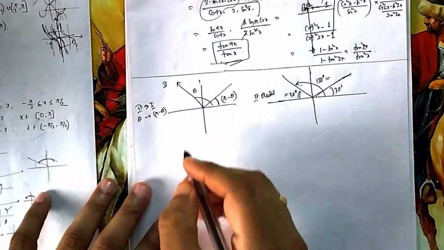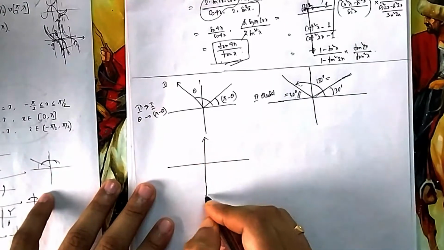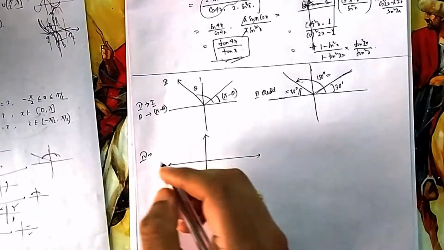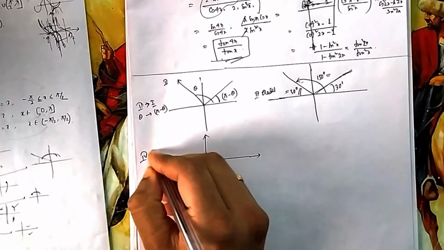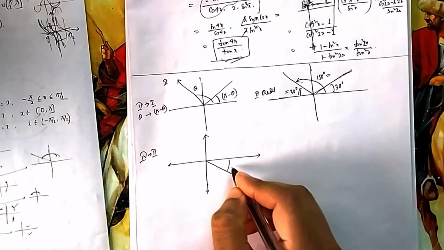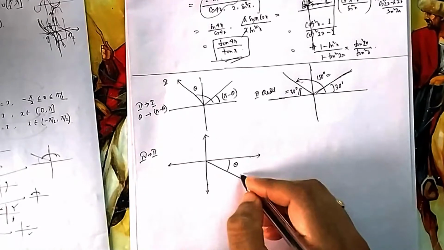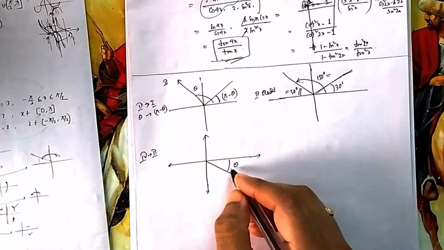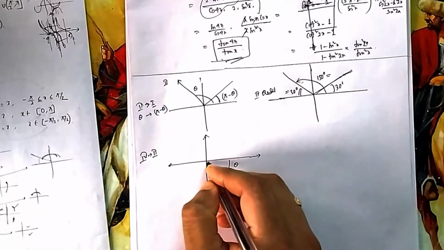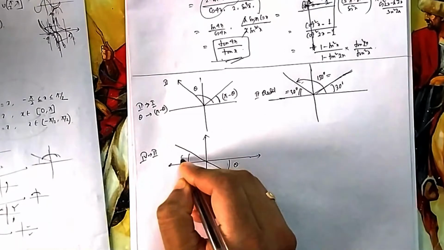You remember this one. Now suppose you are in fourth quadrant, and you are going from fourth to second quadrant. Suppose this is your theta, in fourth quadrant. A quadrant angle is always measured with the horizontal line. So if you want to make the same angle here, you will make the same angle theta here.